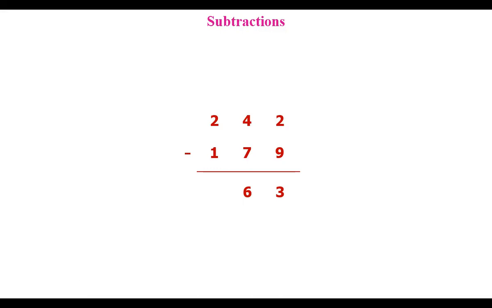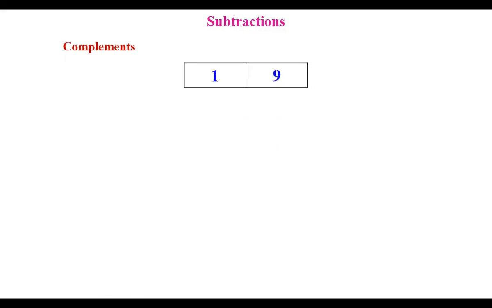We'll make this simple using complements. A complement is like this: suppose 1's complement is 9, that means if you add these two, we should get 10. So 9's complement is 1, 1's complement is 9. Similarly, 2's complement is 8, 8's complement is 2.